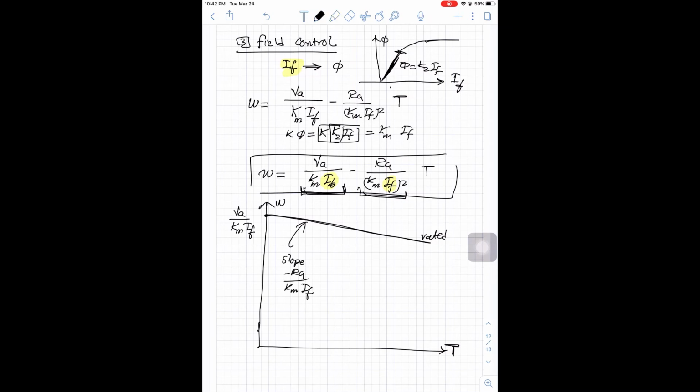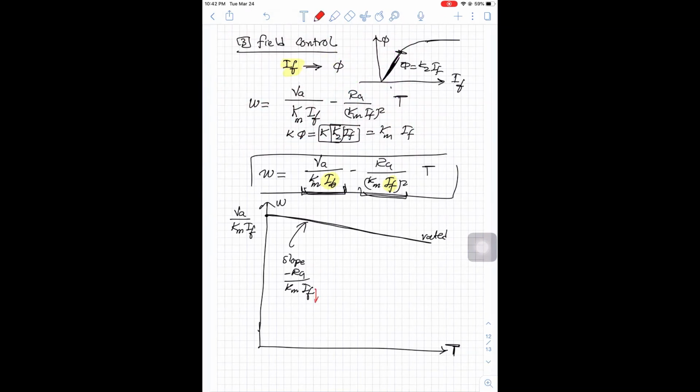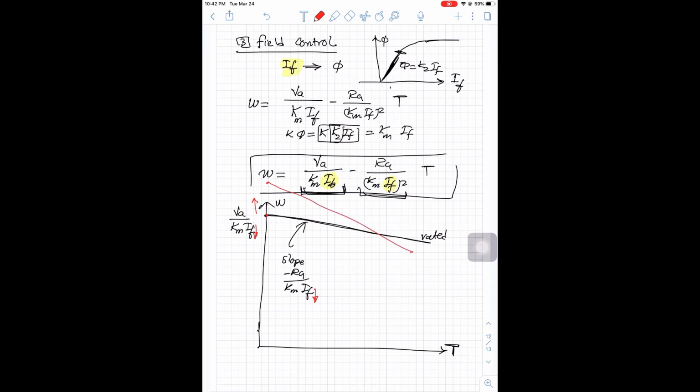Given that we start at the rated conditions, we can only decrease IF. Once we decrease our IF, this value will go up, and the slope will get higher. So the curve will go up. This is by reducing IF.